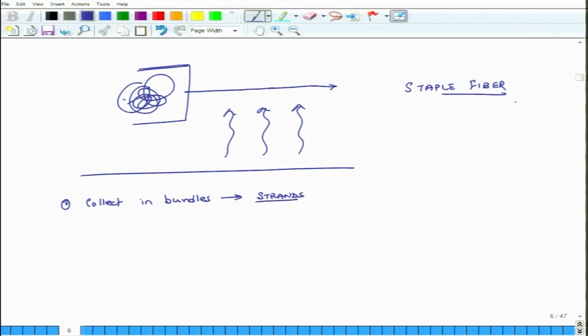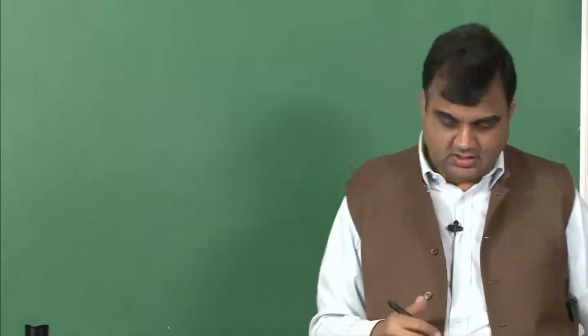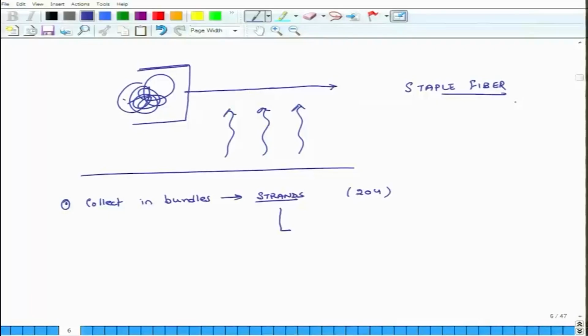Typically each strand may have something like 204 thin individual fibers. These strands will start cutting into each other unless all the fibers are sized properly, and then these strands are wound in spools.